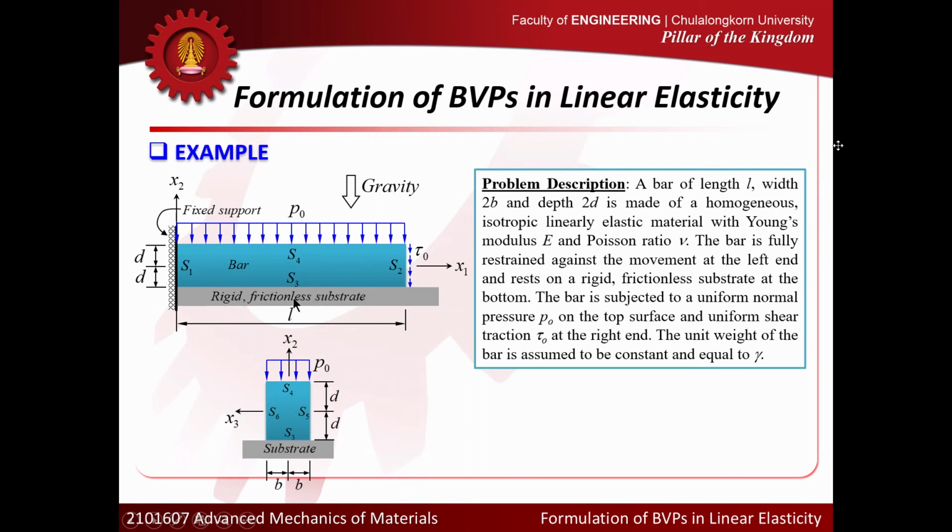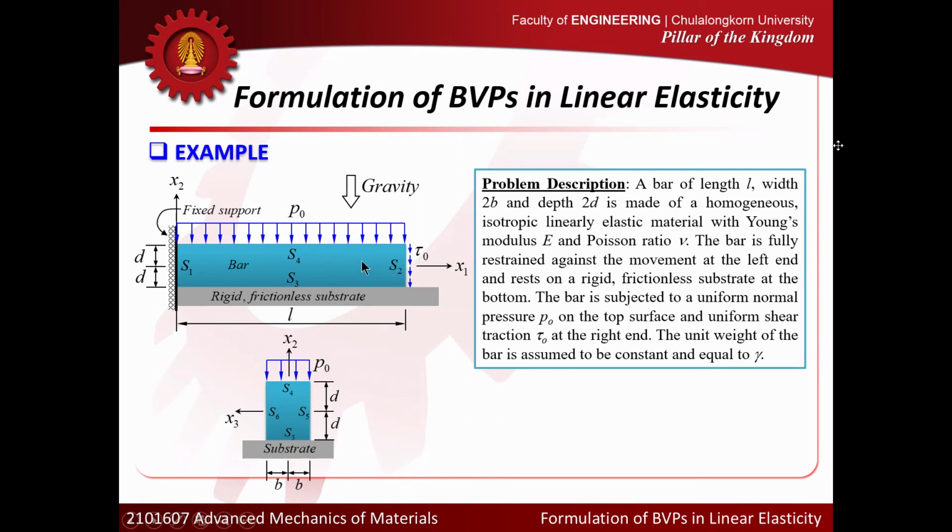It means that there is no friction generated when you apply force to the body. So the only thing we have in terms of force at the contact surface is the normal component of the traction. The shear component is 0 because it's a frictionless surface.